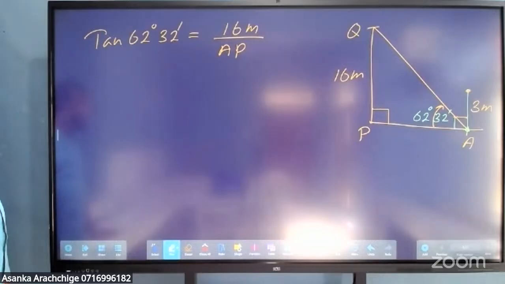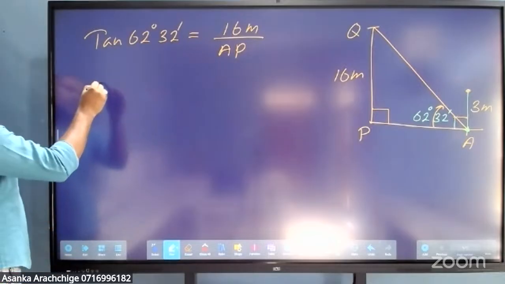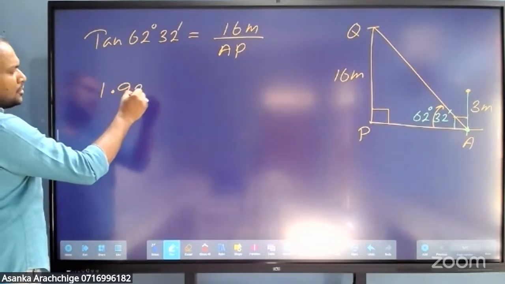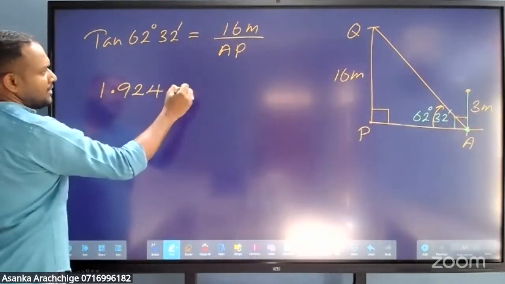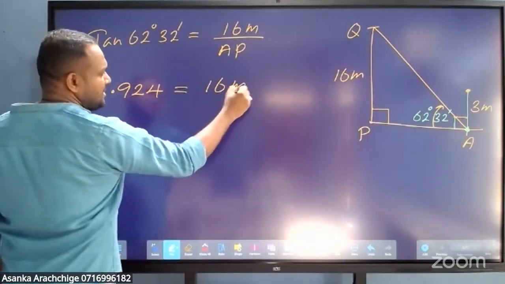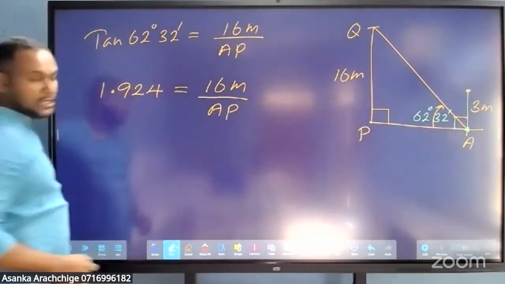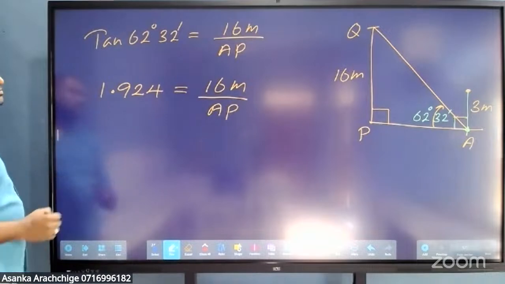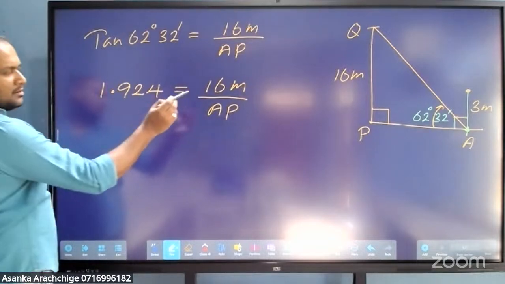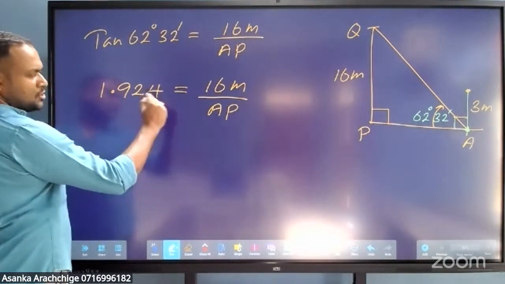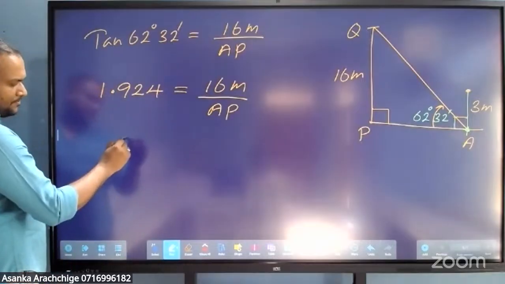1.924. 1.924 equals 16 meters divided by AP. Right? Now, you can interchange these two terms across.